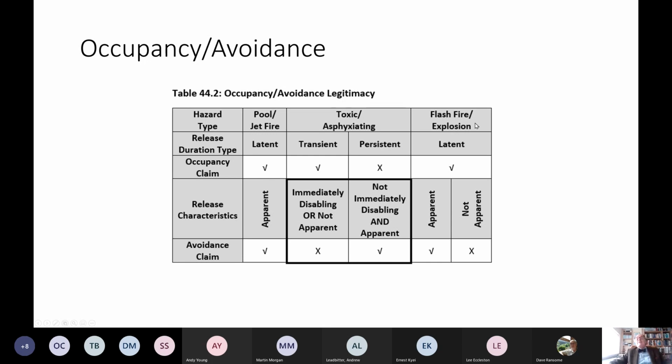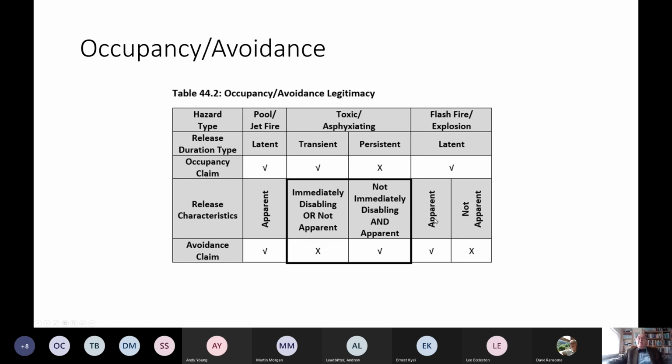If we flip over to the other side and consider a vapor release now and the potential for a flash fire or an explosion, again, this would be a latent hazard. The actual consequences would only arise if there was a subsequent source of ignition. So that's why it's described here as latent. So on the same basis, we can potentially make a claim for occupancy.